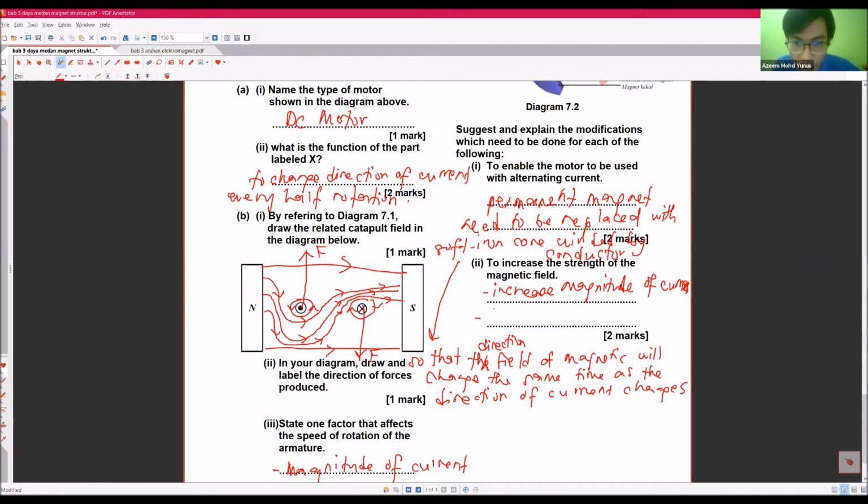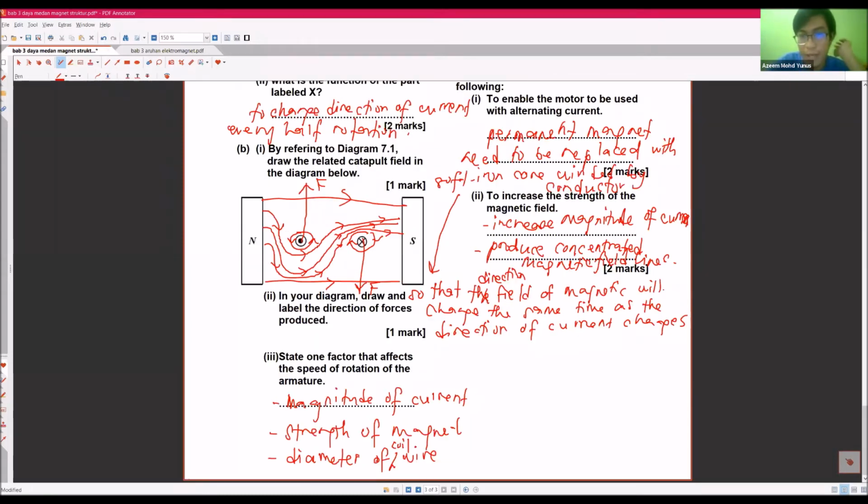This cannot be the answer to the question. Produce concentrated magnetic field lines.